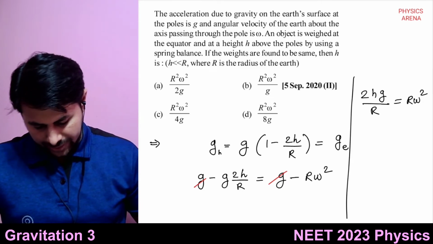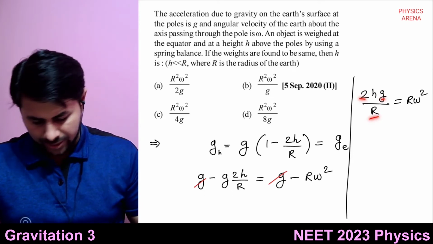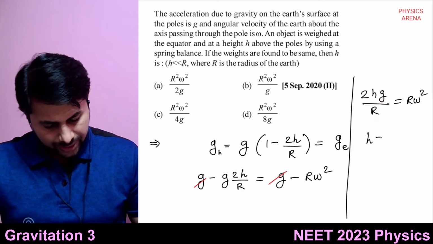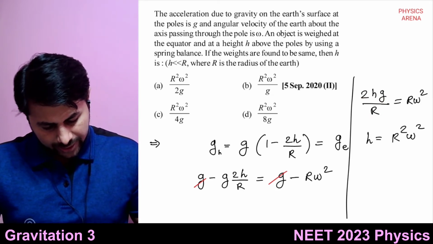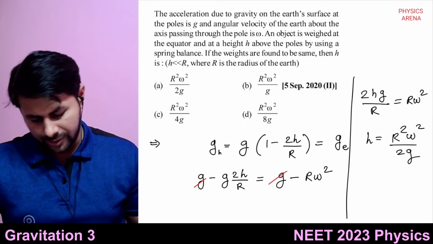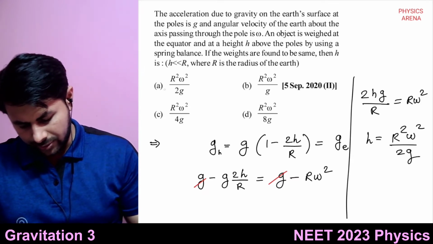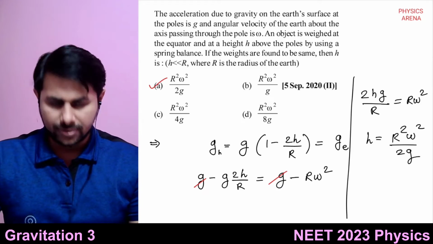If we take 2g and r to the other side, we get h equals r square omega square divided by 2g. Okay, so option A is the answer.